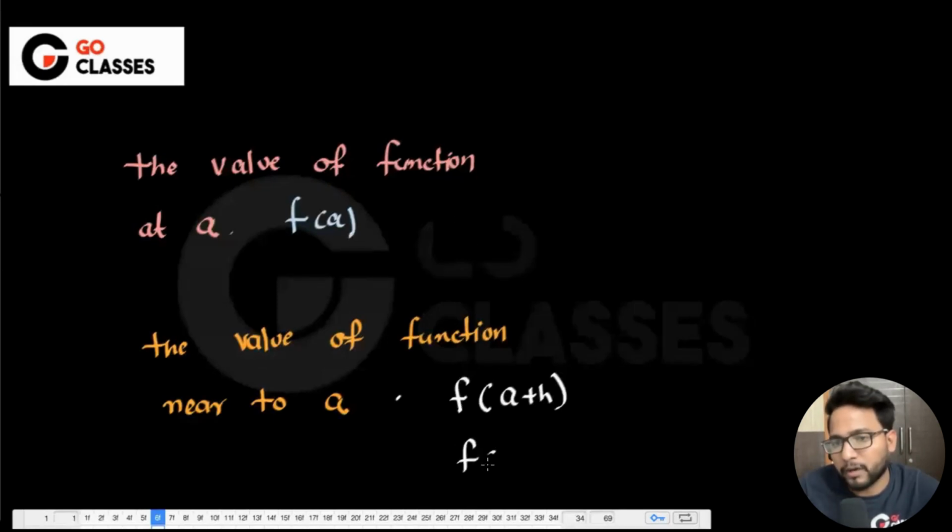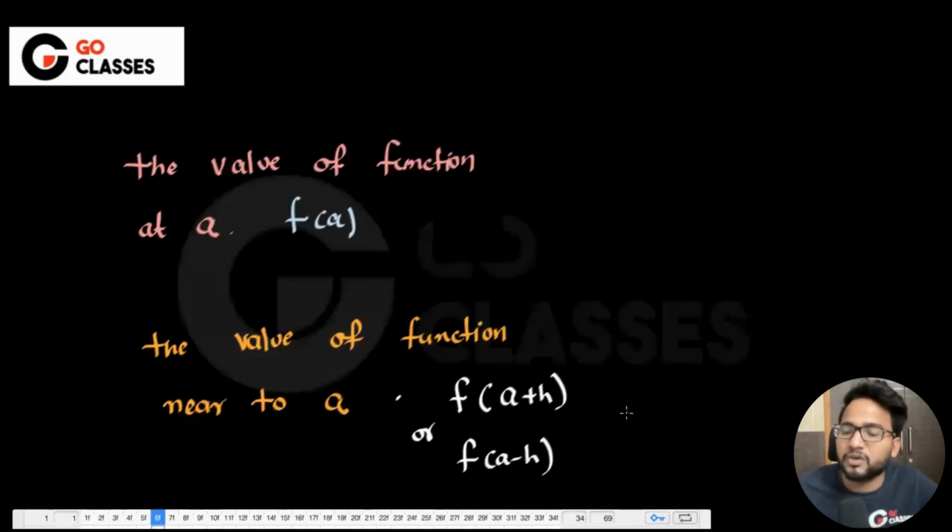Whatever, near means that you are coming from the left or from the right. Is this clear to everyone? I have to define whether I'm coming from the left or from the right. If I'm coming from the left, a minus h; coming from the right, it is a plus h.